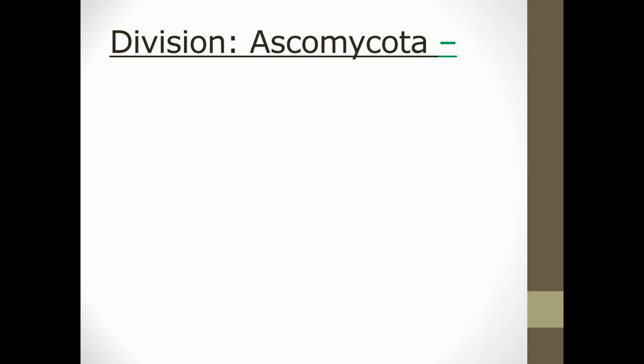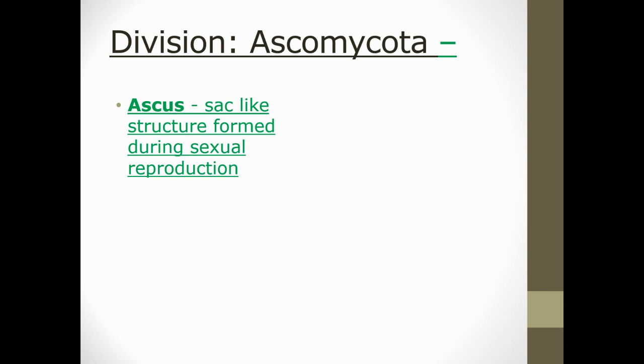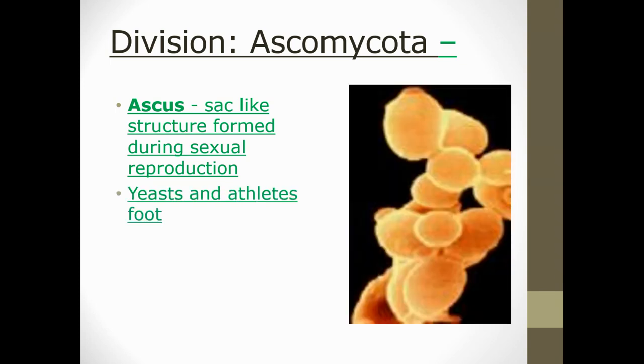So Ascomycota has a sac-like fungal structure. It looks like this. And yeast, which is, of course, really important in terms of making bread and making beer and making wine. It's really tied up with human culture and what we can do.